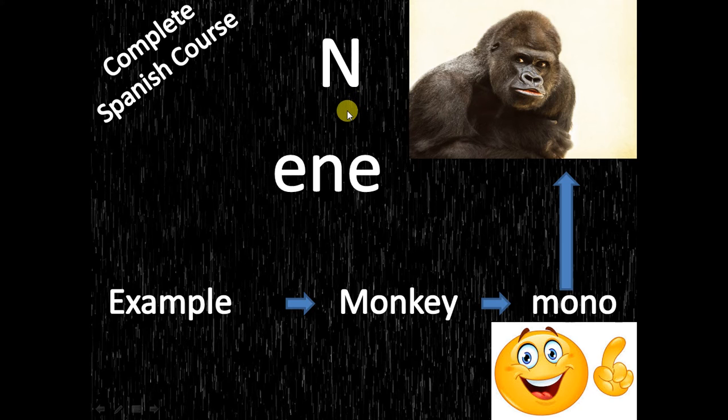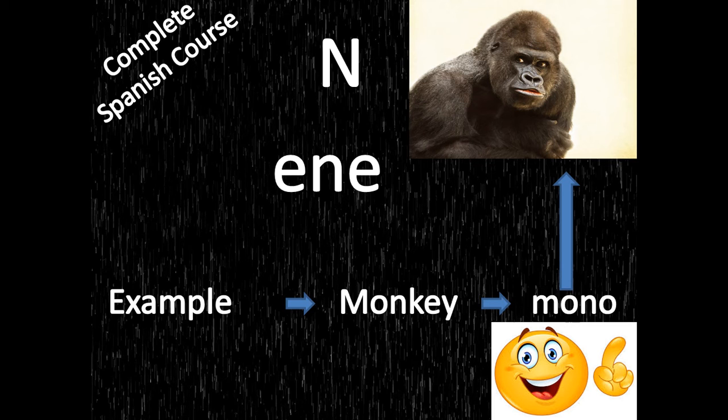This letter is sounded as NA, but this word is sounded as mono. Okay, I hope you understand. And if you do not understand, then the upcoming lecture is on the reading practice of Spanish. In upcoming video lectures, you will clear these things. So don't be upset here.